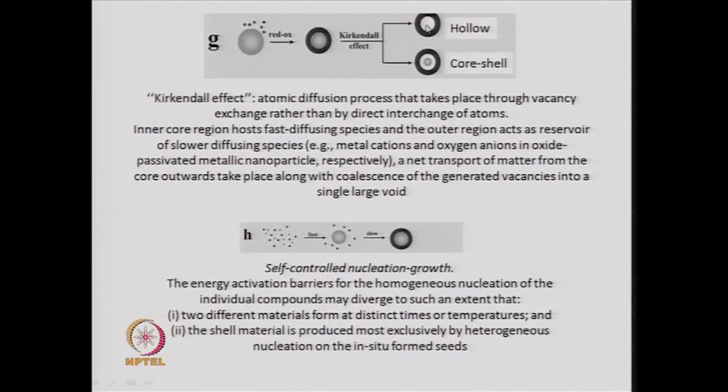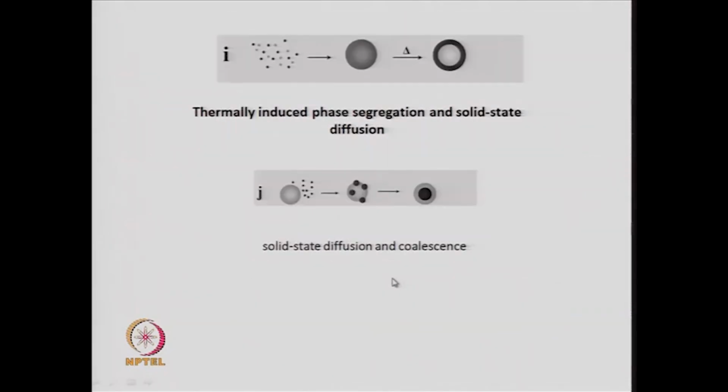It may be completely hollow if this continues, and this is an intermediate structure. This is the final structure where all the matter has moved from the core to the shell. Then you have self controlled nucleation and growth.